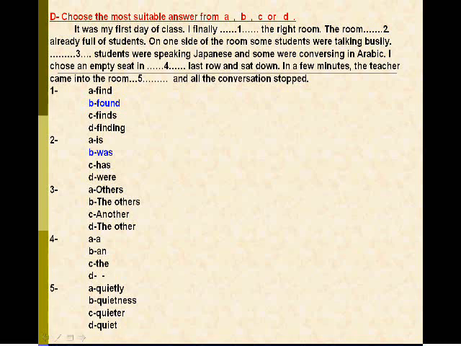On one side of the room, some students were talking busily. Students were speaking Japanese and some were conversing in Arabic. Of course, conversing means, this verb comes from the word conversation, okay? It means that they were talking together. So space 3 we have A, others, B, the others, C, another, and D, the other.